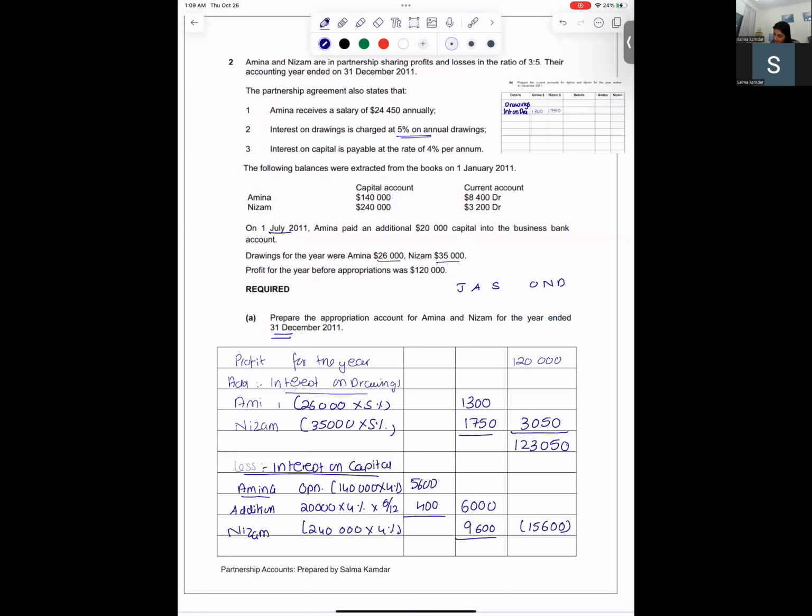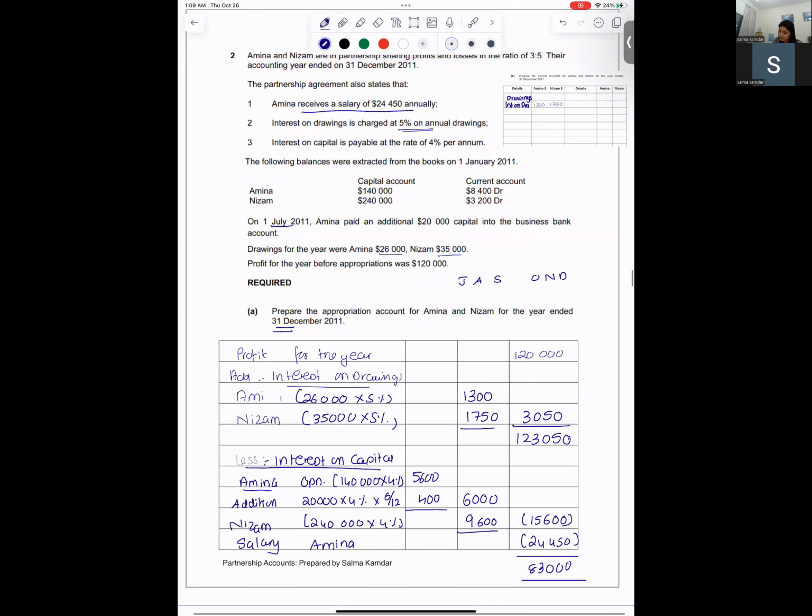What else is there? Amina is receiving a salary. Salary for Amina is 24,450. When I subtract all of this, I will get residual profit, which is 83,000.